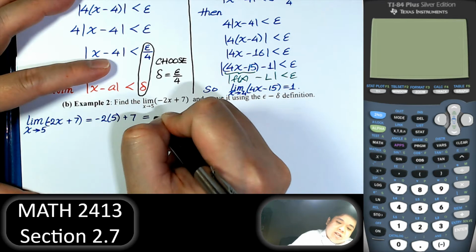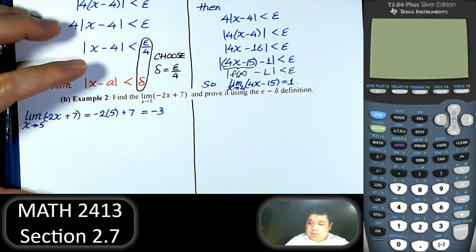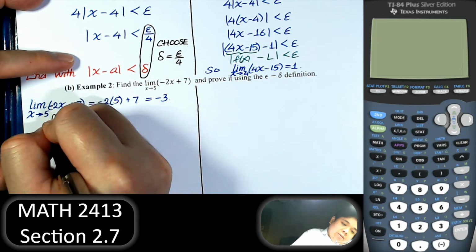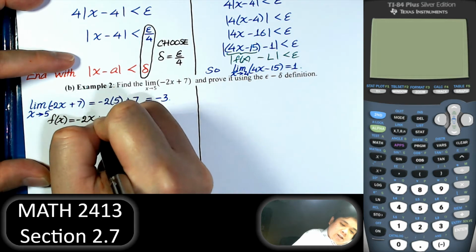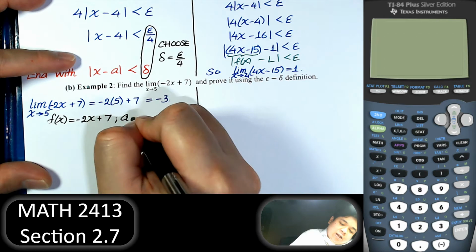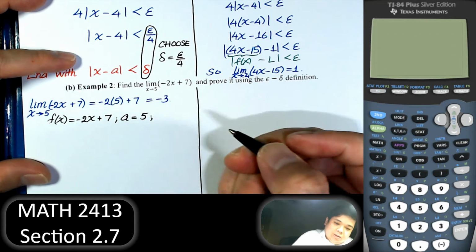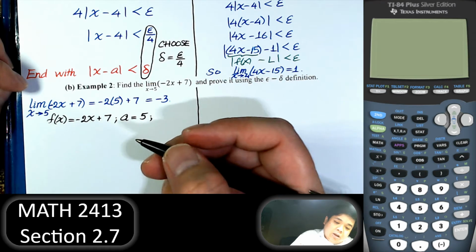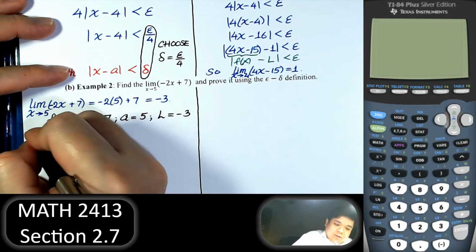Negative 10 plus 7 is negative 3. So in this case, f of x is negative 2x plus 7, a is 5, and the limit is negative 3.